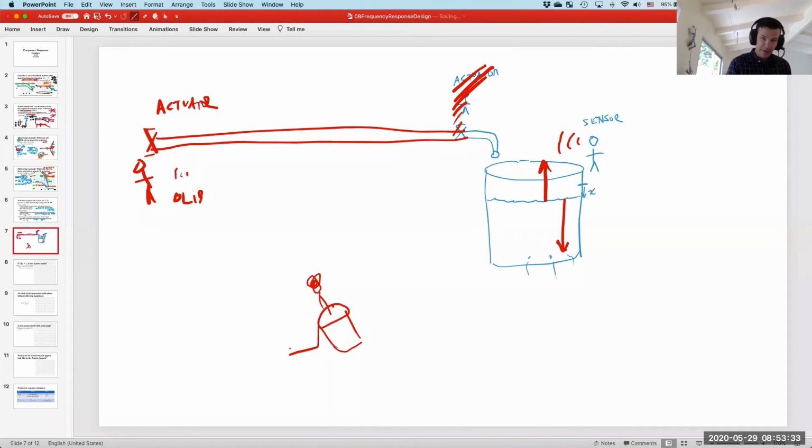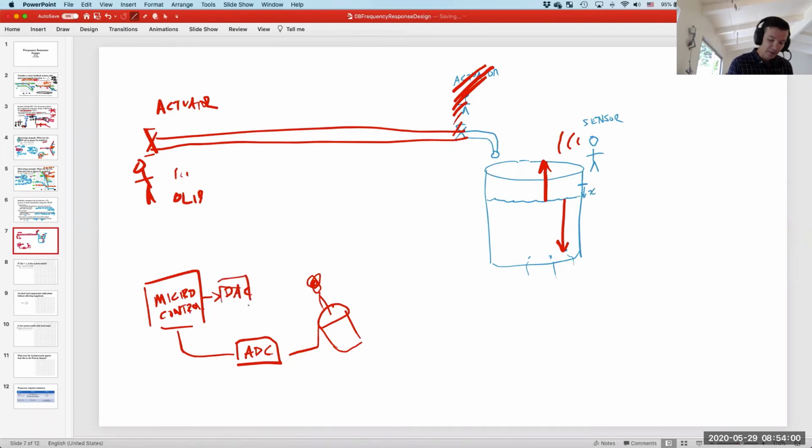But in a more modern context, you might have an analog to digital converter. And then that would send a digital signal to a microcomputer, which would then send a signal to a digital to analog converter, which would then be a voltage that we could send to the motor.